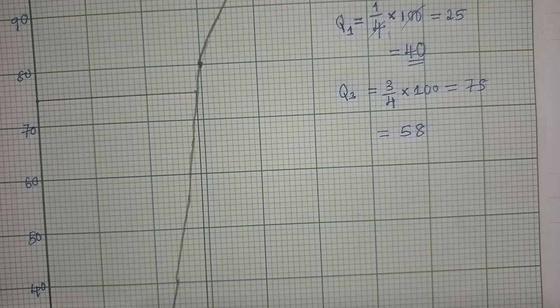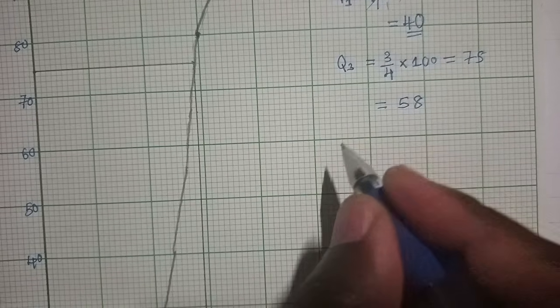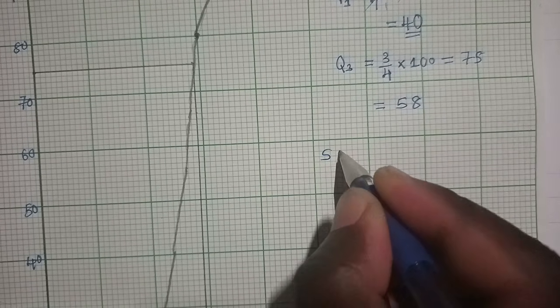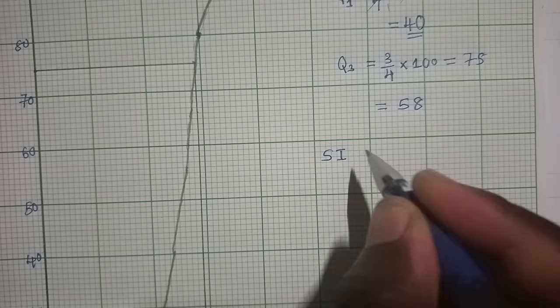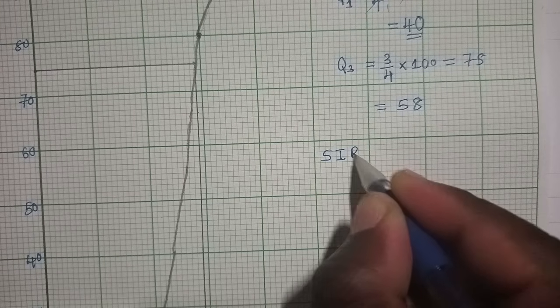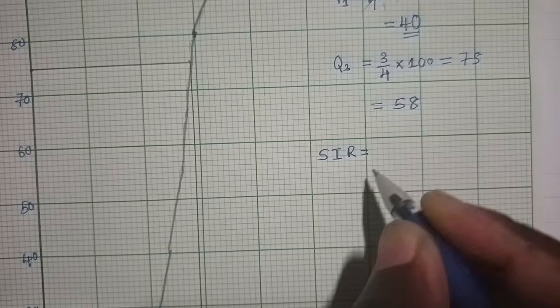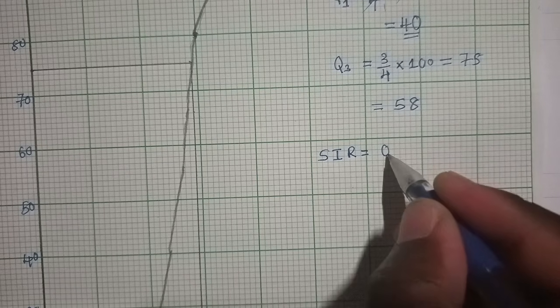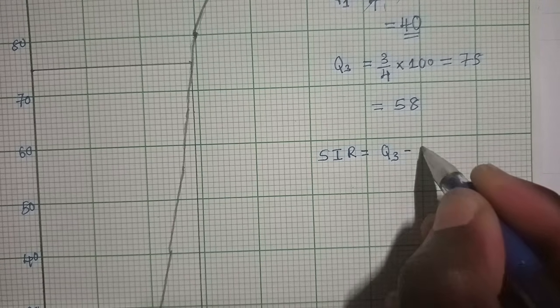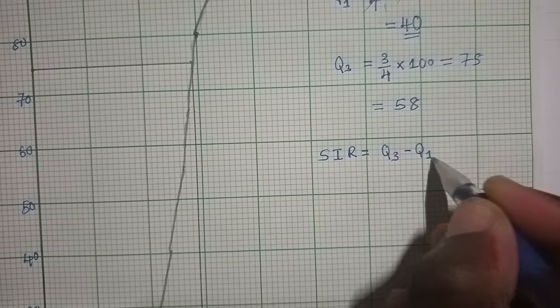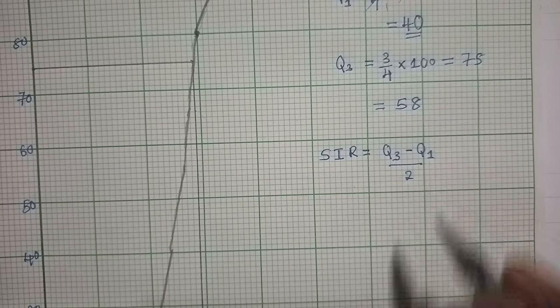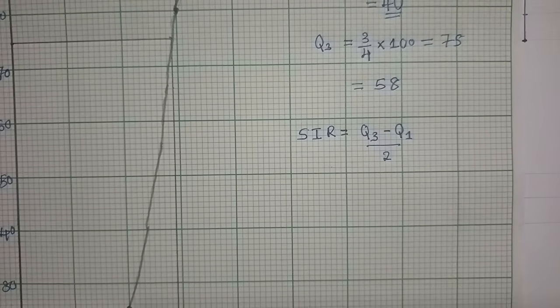Okay? So semi-interquartile range. So we're going to say semi-interquartile range is equal to quartile 3 minus quartile 1 over 2. That's semi. So it's supposed to be over 2.